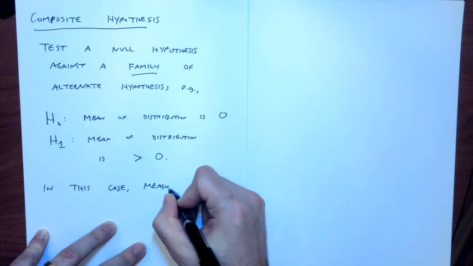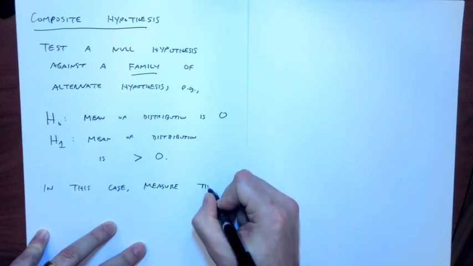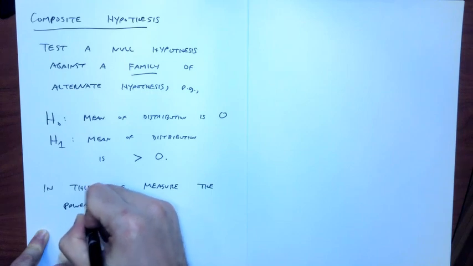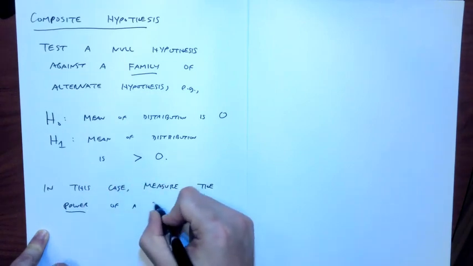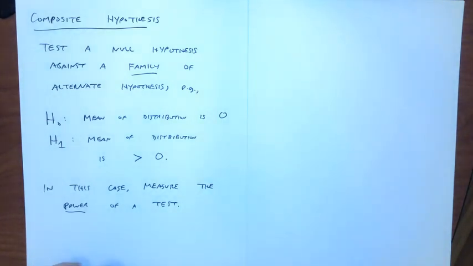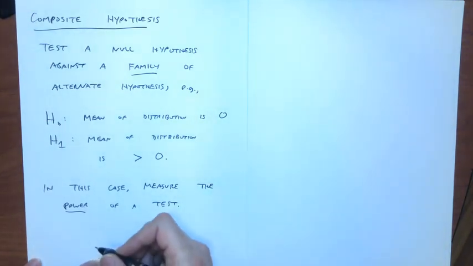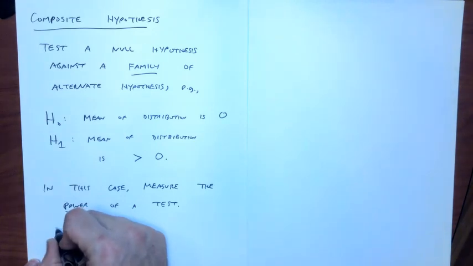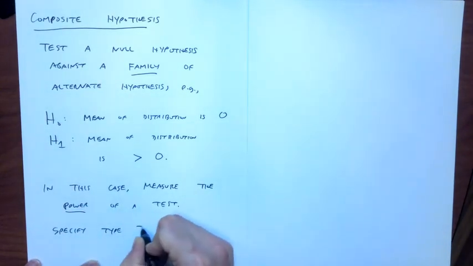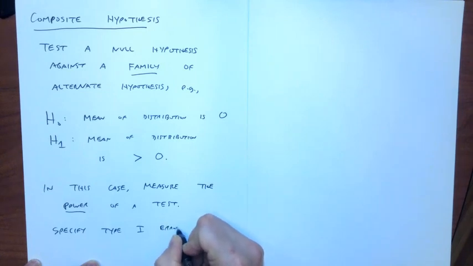So in these kinds of situations, we do what's called measuring the power of a test. What that means is we can specify a type 1 error, alpha, right?